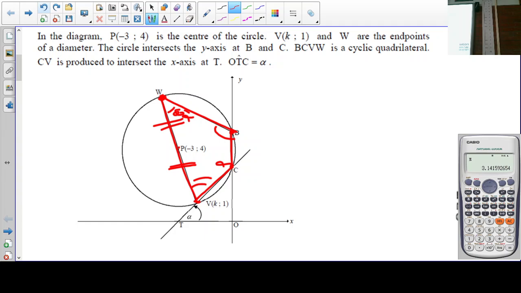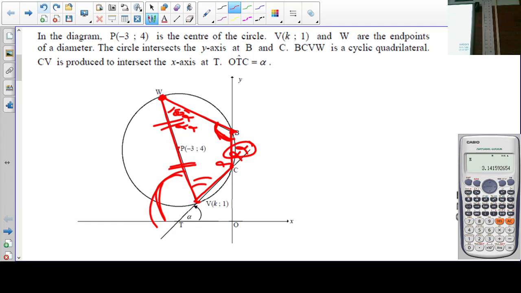Then we are also told that the exterior angle will be equal to the interior opposite angle, or 180 minus alpha.